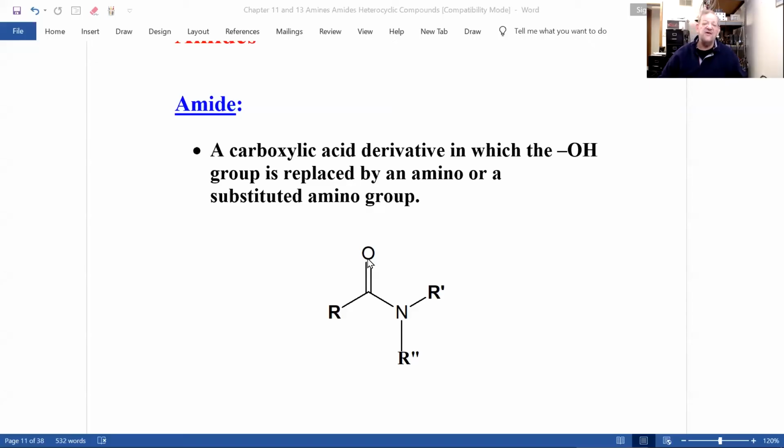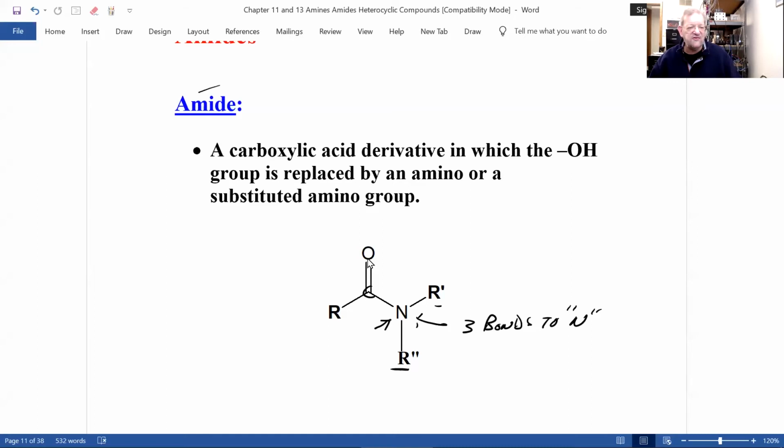An amide is where you take the carboxylic acid and replace it with a nitrogen with alkyl groups on it. Now remember, this nitrogen, there are 3 bonds to nitrogen in amides, just like an amine. And that has it. And here we have a carbonyl, and this is called an amide.